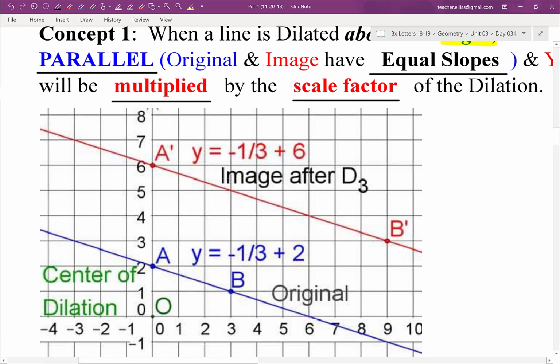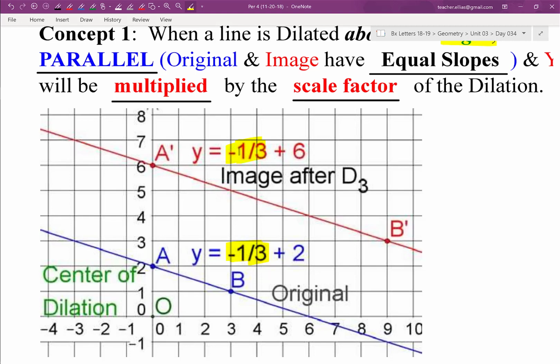If the blue one is our original line, what's the slope of the blue line? 1/3. Close, -1/3. So then, what's the slope of the image? -1/3. No matter what problem we're doing today, slope is always going to stay the same. What you need to decide today is, will the y-intercept change?